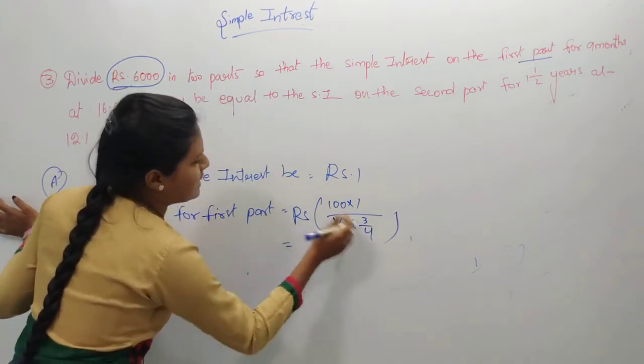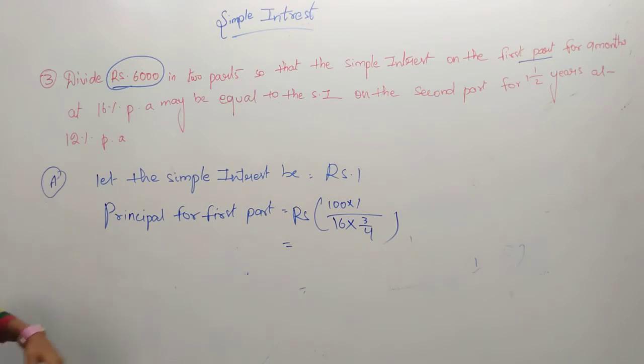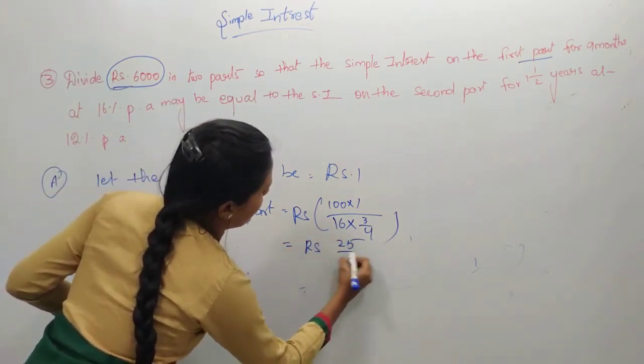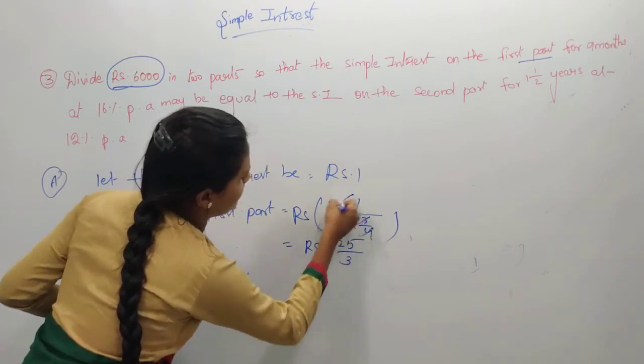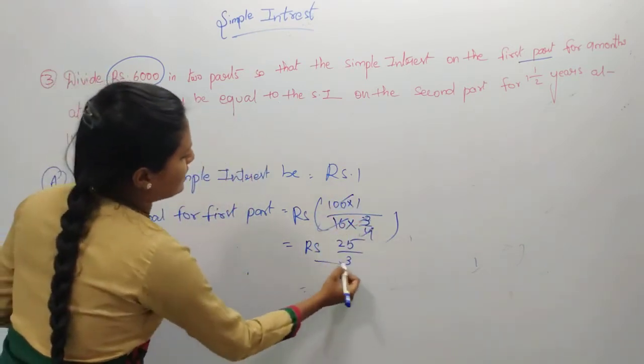By doing cancellation, what answer do we get? Rupees 25 by 3. This is the first answer we got.